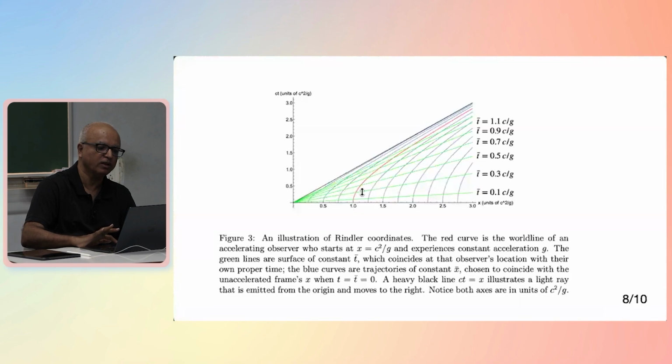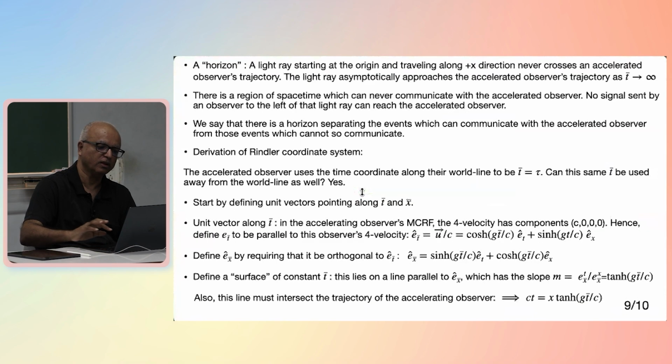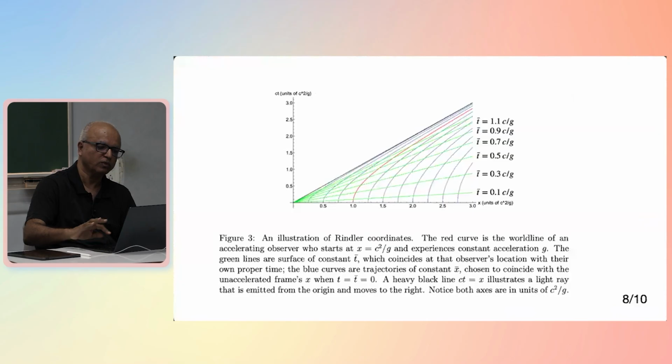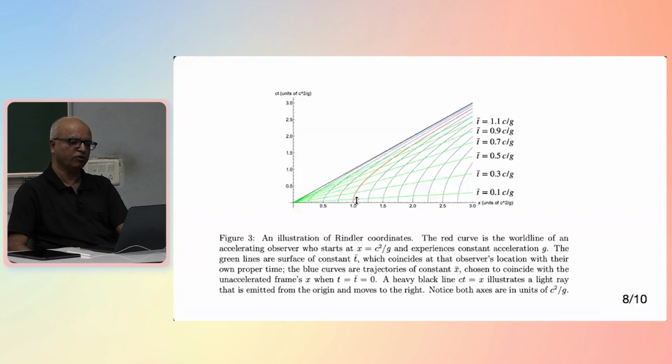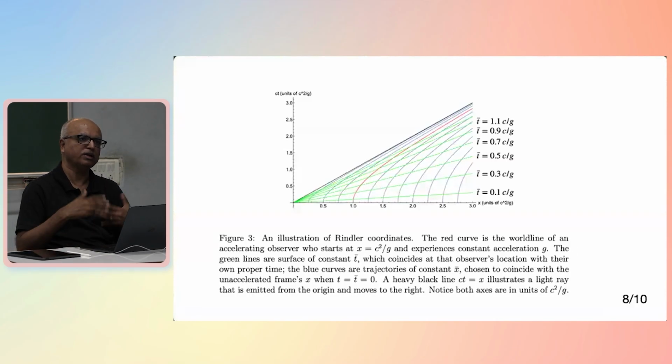This is the trajectory starting at x equals 1 of a uniformly accelerating observer, which is what replaces what you have in the non-relativistic case.